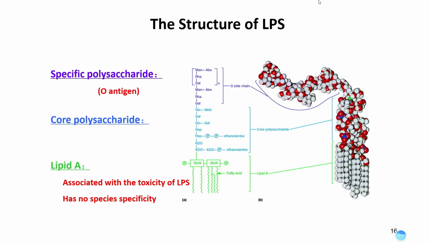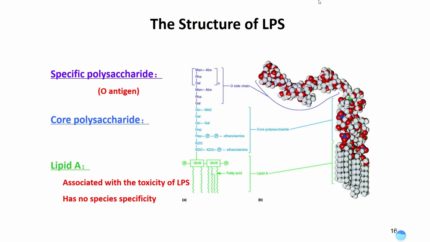Let me show you the structure of LPS. This is a general structure of E. coli LPS. First, the very outside of the molecule is this part. This part we call specific polysaccharide.